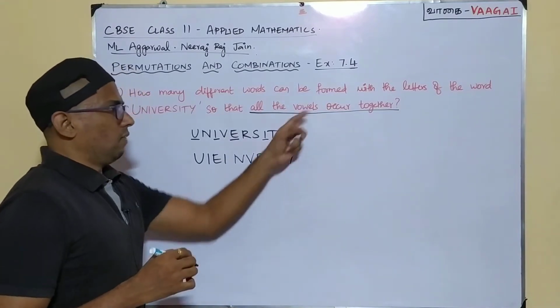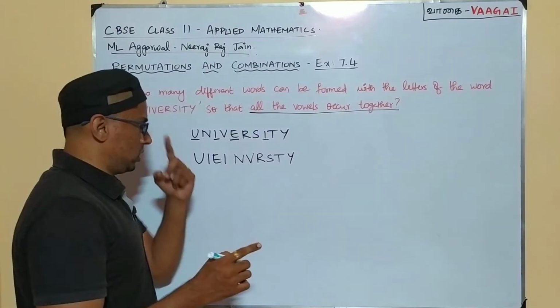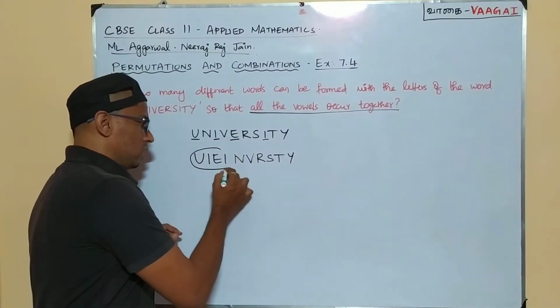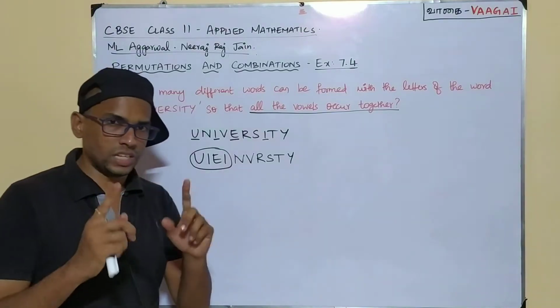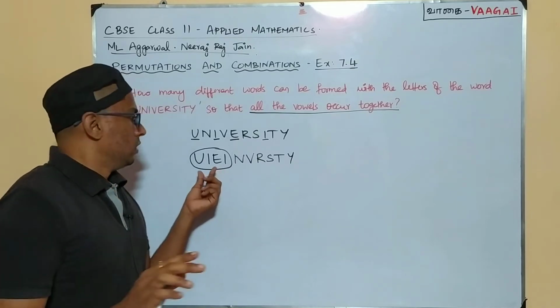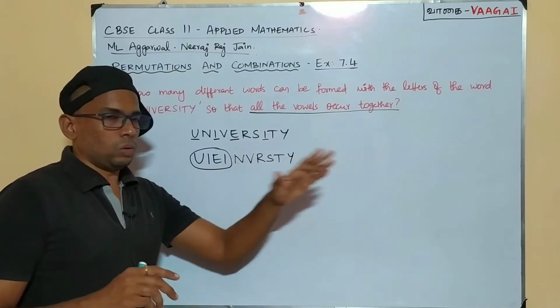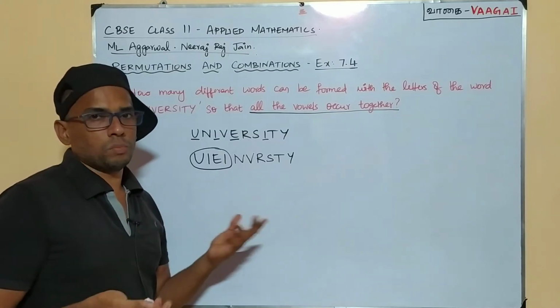So now our task is the vowels should be together. In that case, what we have to do here is, as usual, we will make these vowels one bunch. We will just take these vowels to be one single bunch. That means this is going to be one single object for us now. This is one object and these are all going to be one objects. So our task is arranging how many objects?